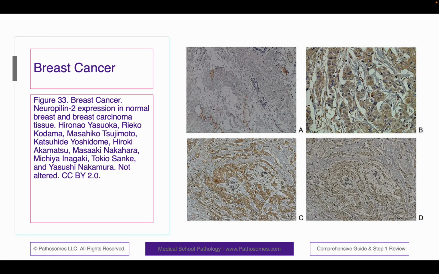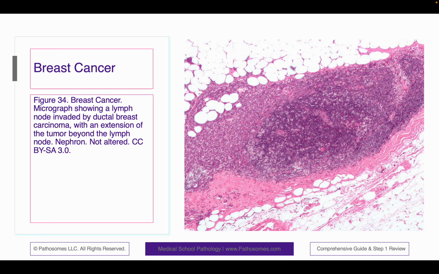And here we have a number of histologic sections showcasing breast carcinoma compared to normal breast tissue. And here we have a micrograph showing a lymph node that's been invaded by ductal breast carcinoma.